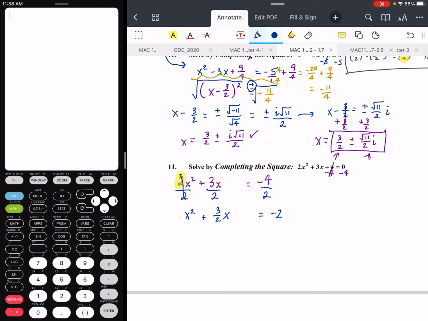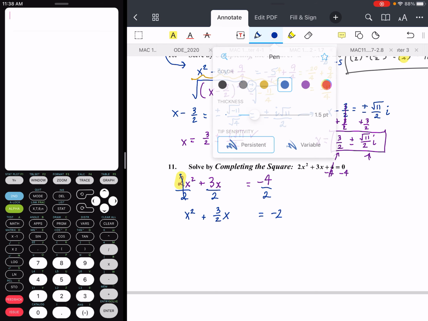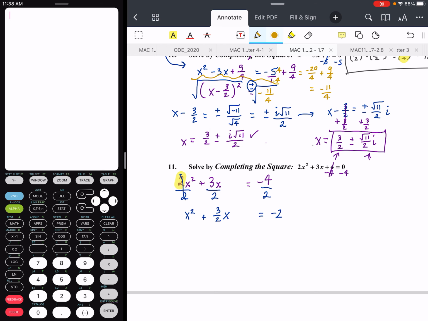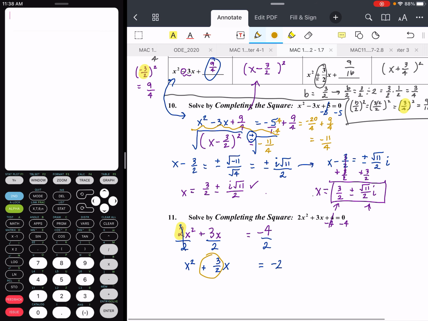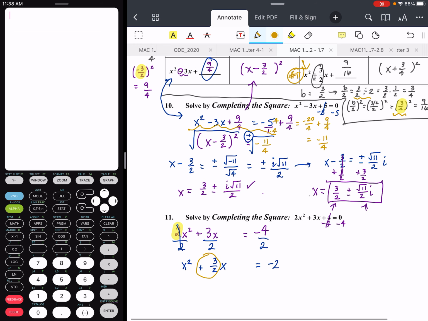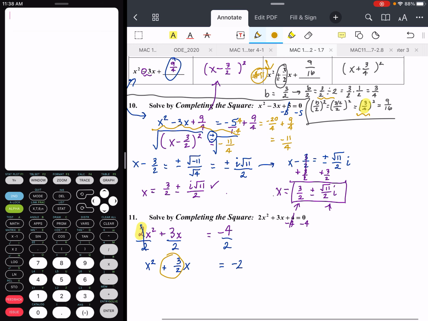All right, now I'm going to take my b coefficient, which is positive 3/2. I'm going to divide that by 2 and square it. Remember that we already did that up here. So we already did the work for number 11 right here. So remember, that's all this stuff in gray. We took 3/2, we divided 3/2 by 2, we got 3/4, we squared 3/4, and we ended up with 9/16.